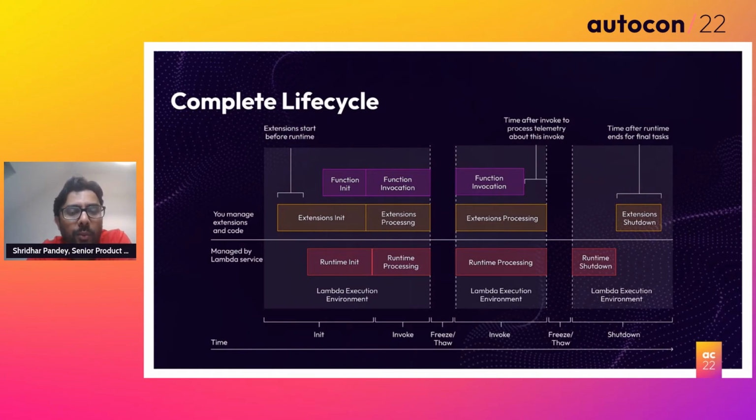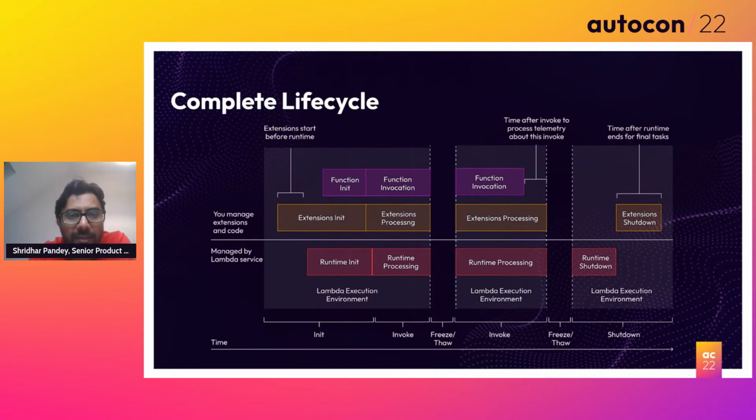Once that happens, once it is initialized, and let's say an invocation or request comes in, which would be a warm invoke, assuming that the function was initialized properly, you see that the function and the extension are running in parallel, and you'd see a series of invokes.